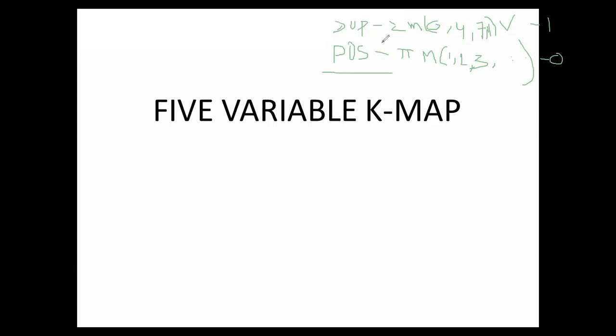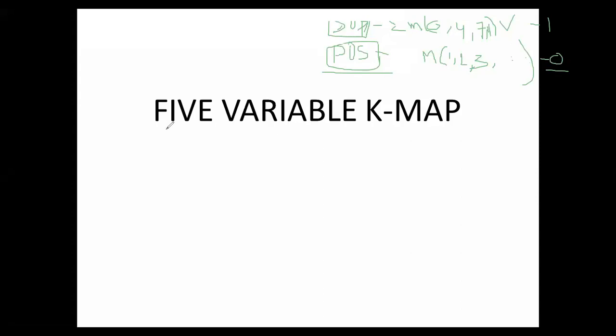In the previous class, SOP was completed with examples for the 4-variable K-map. For POS, the procedure is the same, but the difference is that we place zeros here.